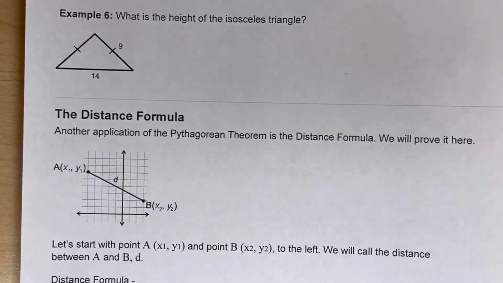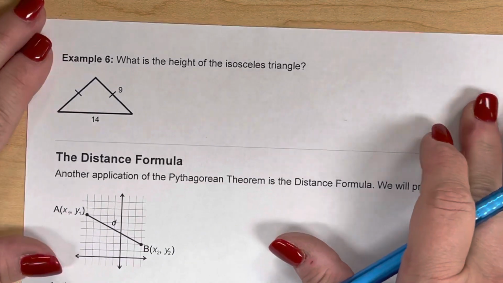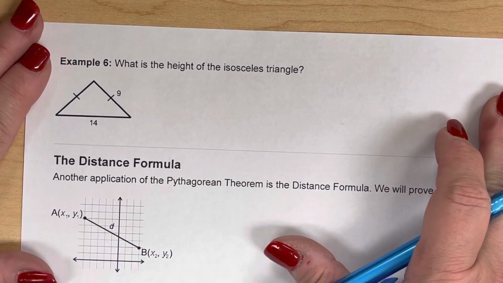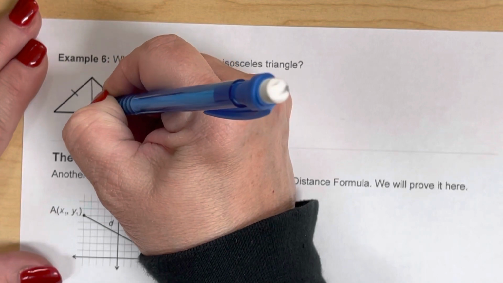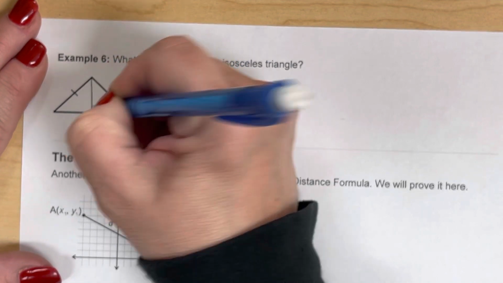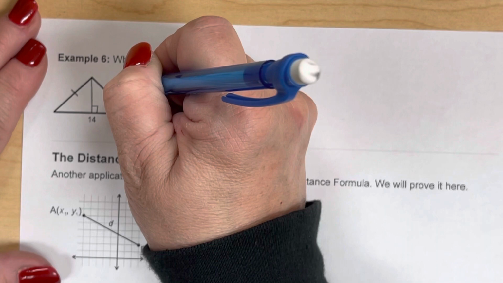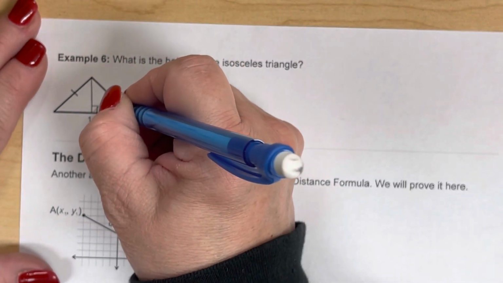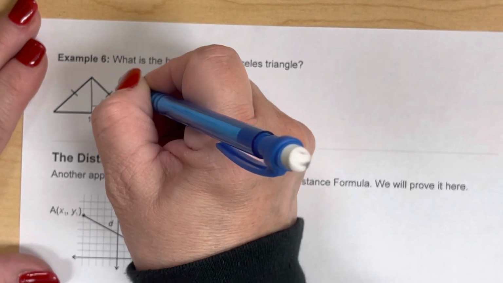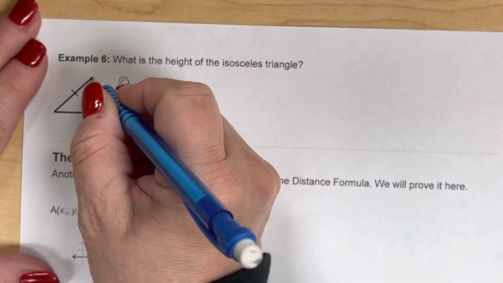All right, so let's see what we have here. Example 6 says, what is the height of the isosceles triangle? So basically, you have the height coming down here. This is 9, so that's going to be my hypotenuse. Remember, it's directly across, so this is going to be my C. They're wanting to know this.